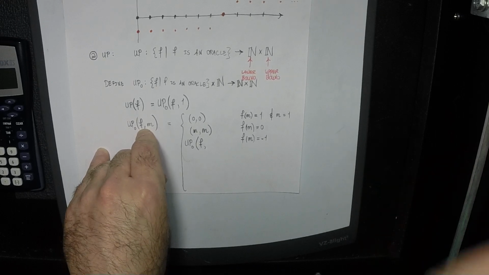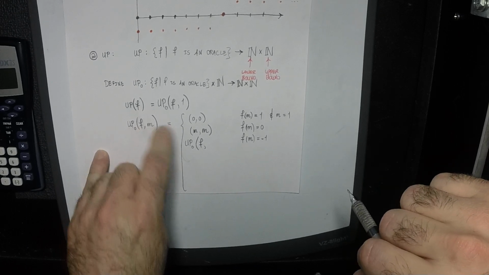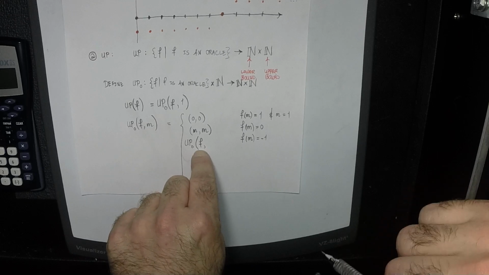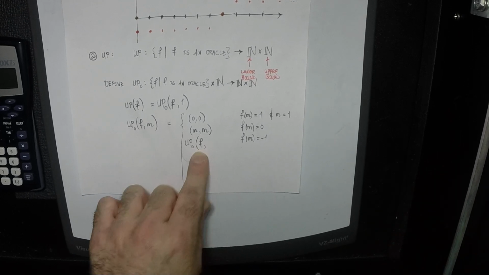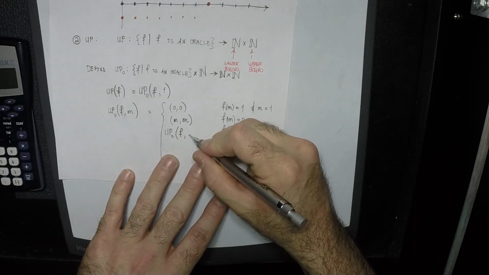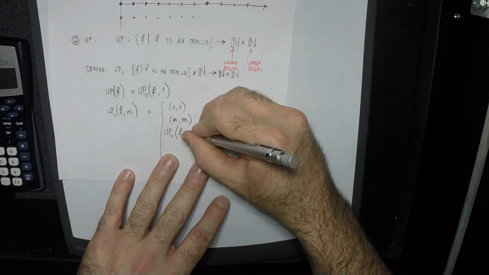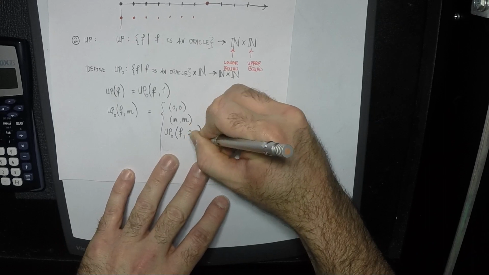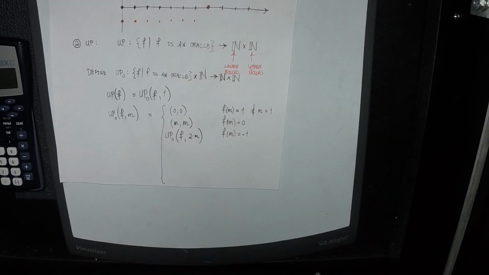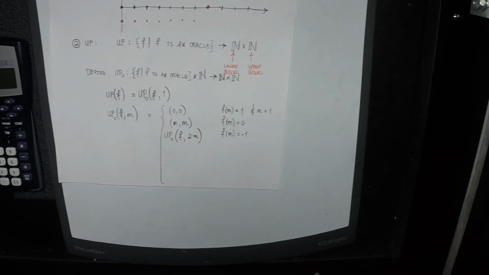No, F is unchanged because that's the person you're playing against. Then what is the second argument? 2m.